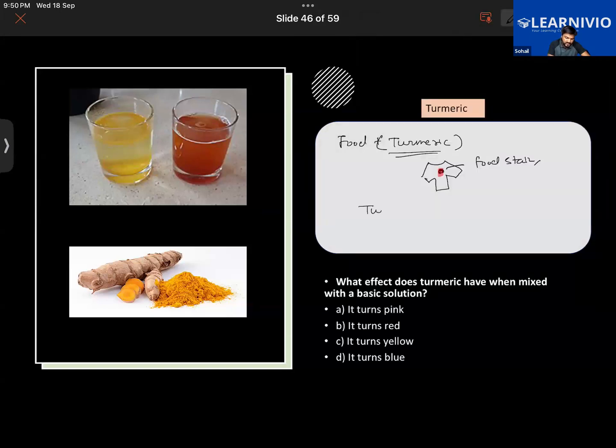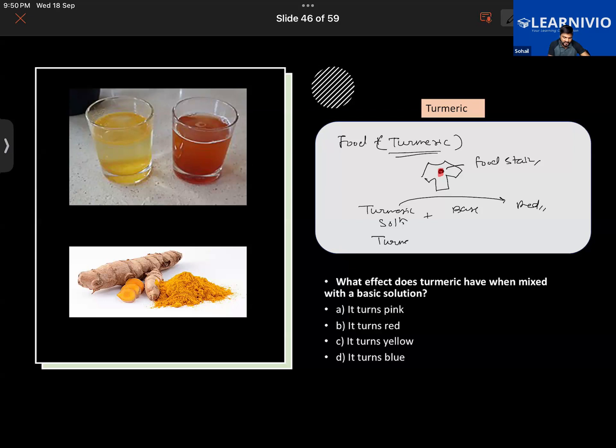Because when we have a turmeric solution and we add some base into it, the color turns from yellow to red. In fact, you can see here we had this turmeric solution, we added some base in it, and the color changed to this red. That is how it works. But what about an acidic solution?